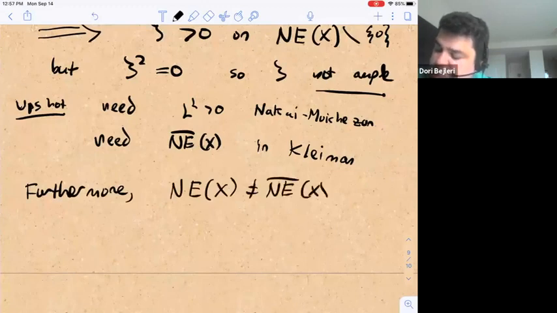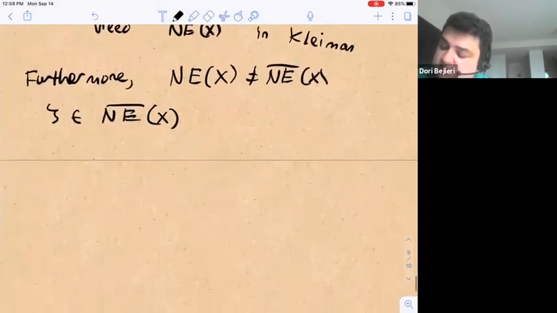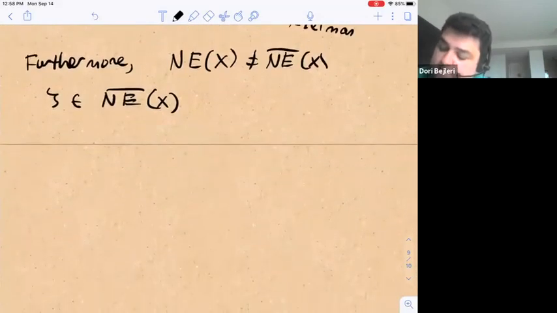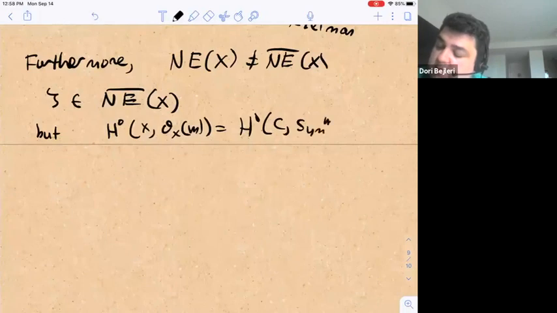And that's again because if we look at this psi, it is in the closure, but it can't be effective, because sections of O_X(M psi) are the same as sections of Sym^M of E tensor some L, where the degree of L is 0.